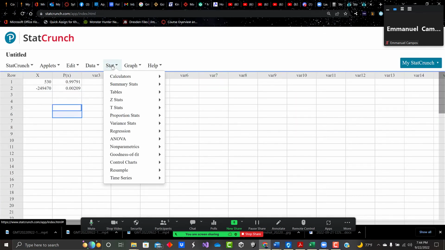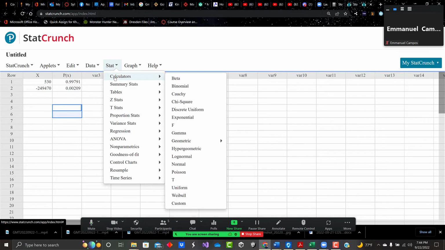So we are going to go stats, calculators, and although everything else in this category is in alphabetical order, custom, for some reason, even though it starts with C, is at the bottom. So stats, calculators, custom.